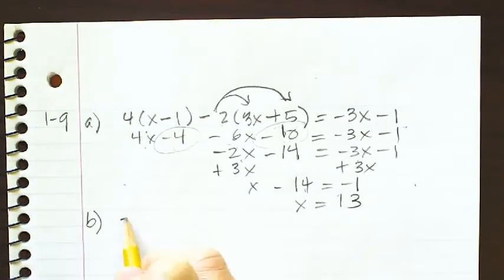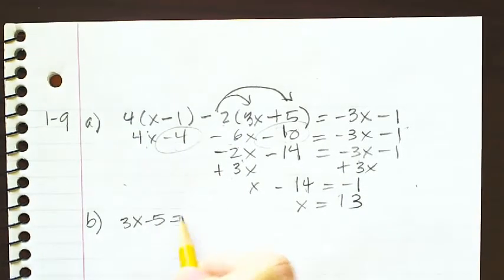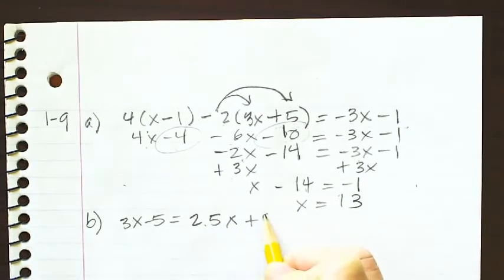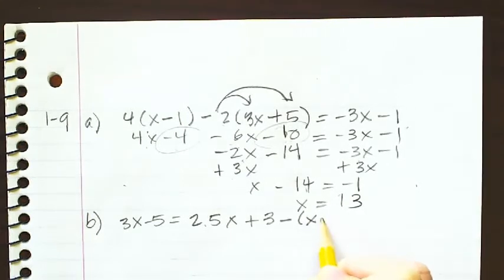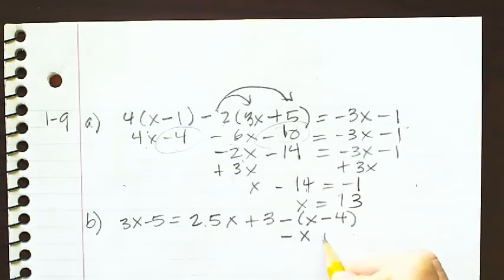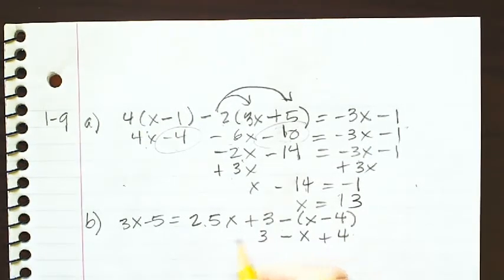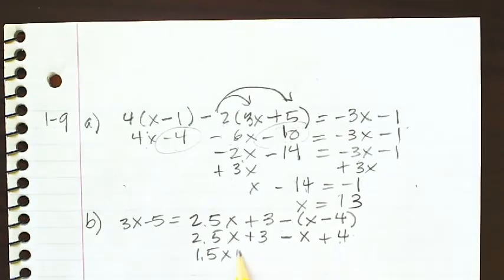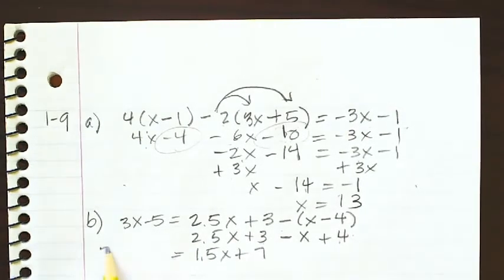Alrighty. B is... okay, when I see a negative outside of those parentheses, I just flip the sign of everything in the parentheses. And then let's go ahead and combine like terms. So that's going to be 1.5x plus 7.